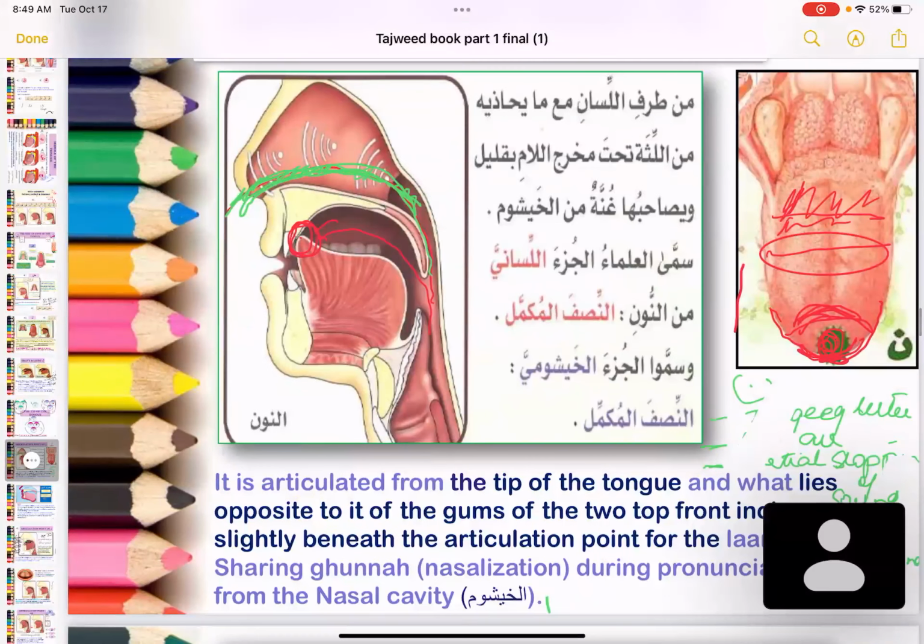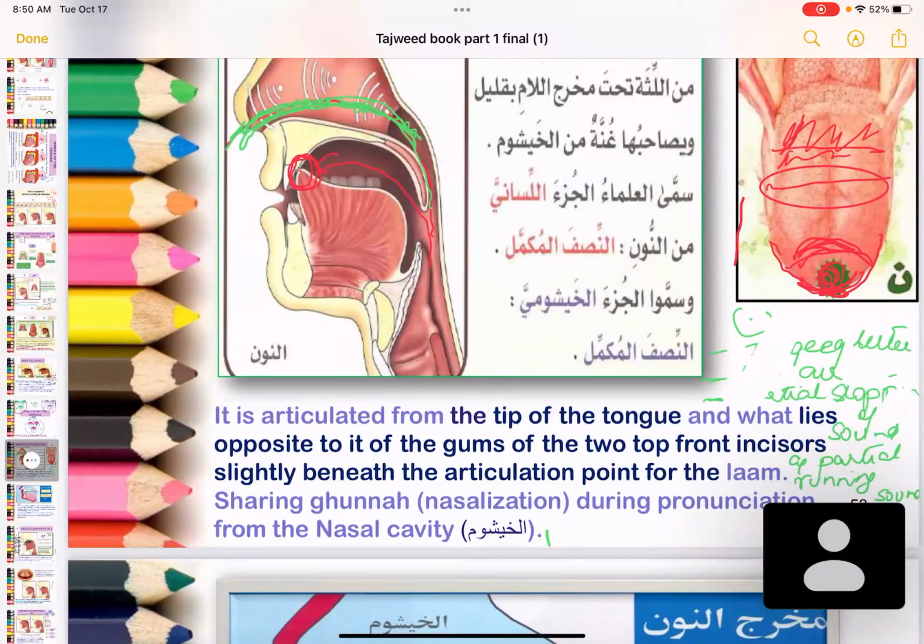If you look at this diagram here, on the left, it says it is articulated from the tip of the tongue and what lies opposite to it of the gums of the two top front incisors, slightly beneath the articulation point for lam.